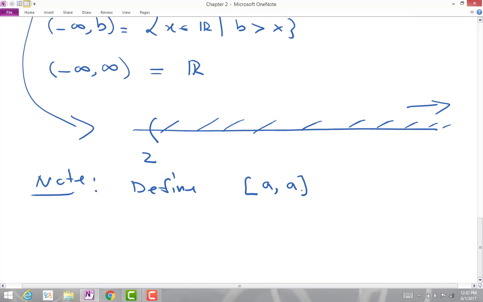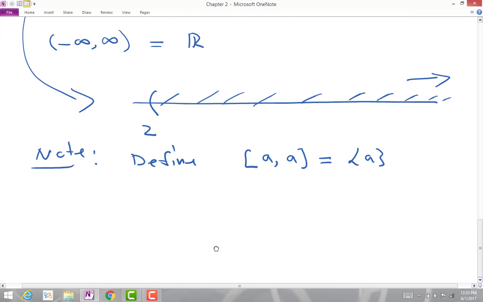Usually we define this interval to be a singleton set that only contains the number a. And sometimes we define the empty interval as the empty set.